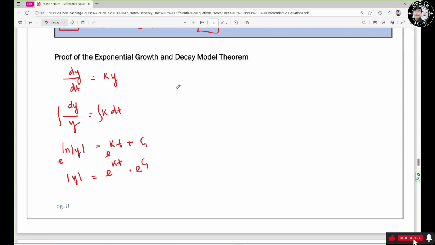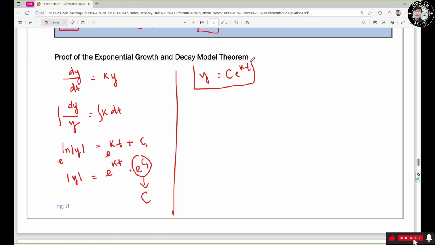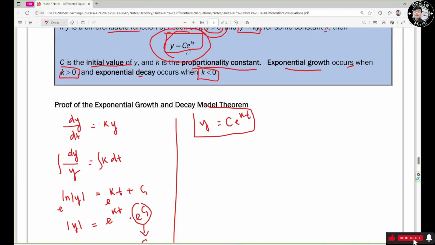So y equals e raised to the k times t times a constant, which I can set as c. And the formula is proved.